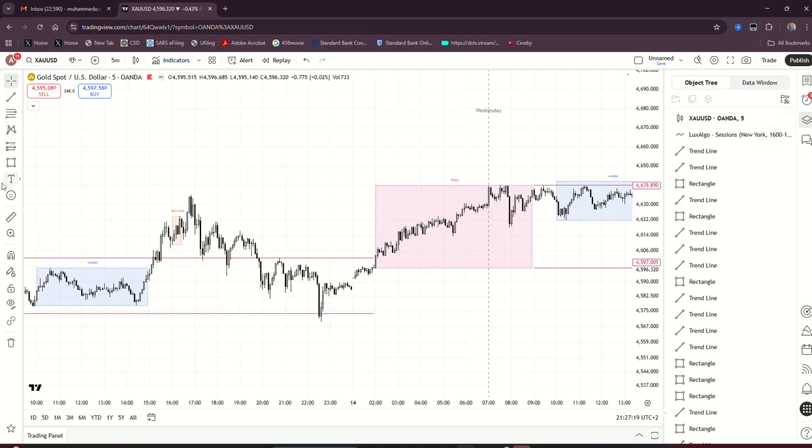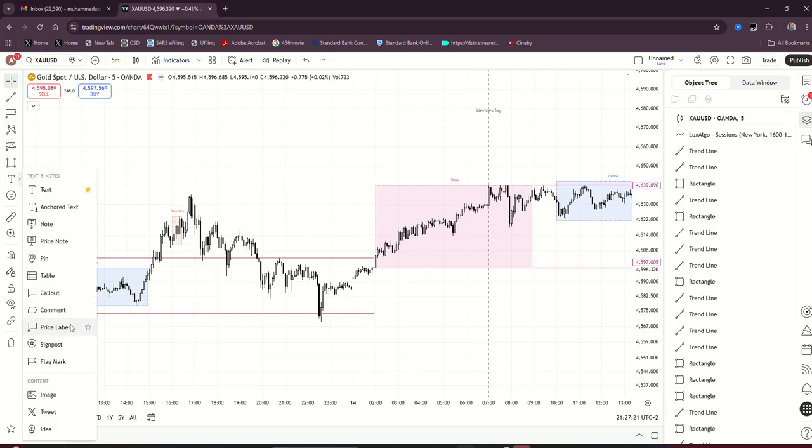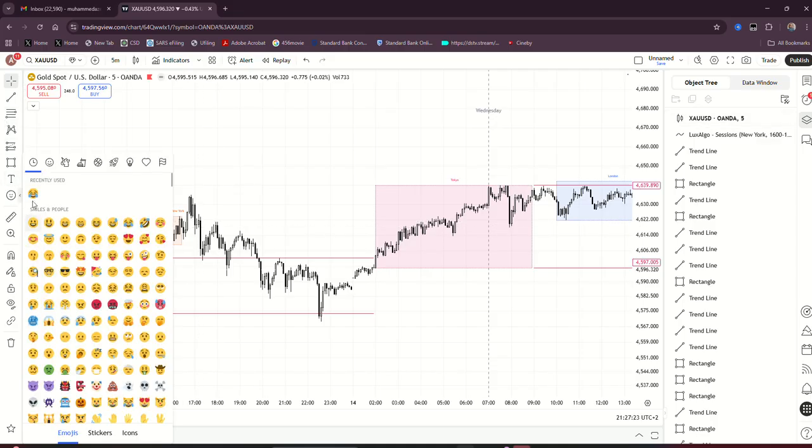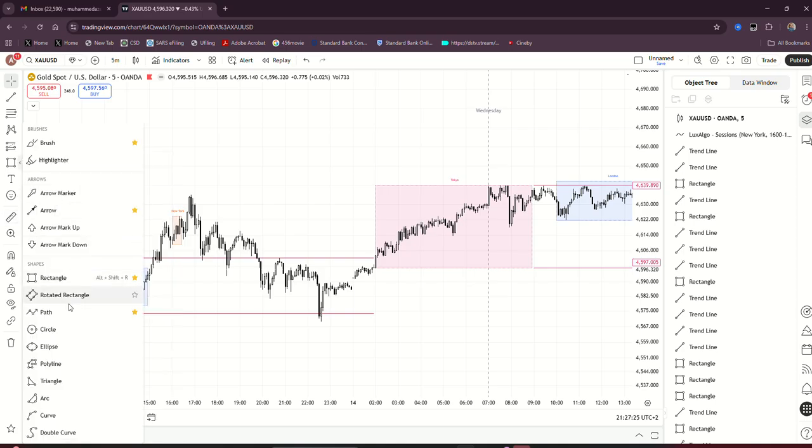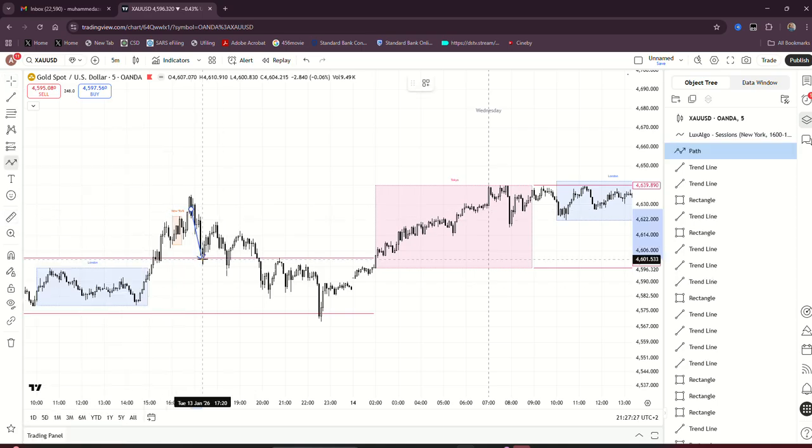So if I bring my path tool right here, here we go. Lower low, lower high, lower low. You see our market is creating new lows: lower high, lower low, lower high, lower low, lower high.